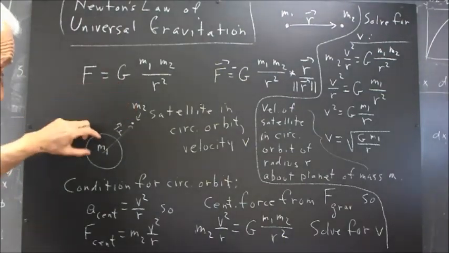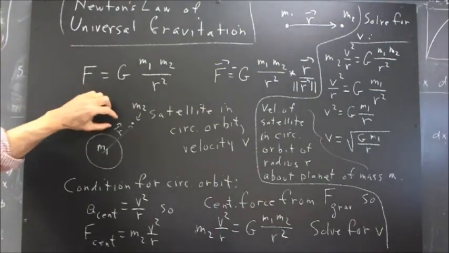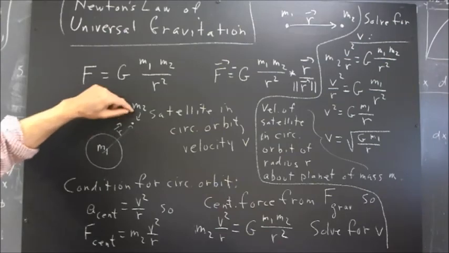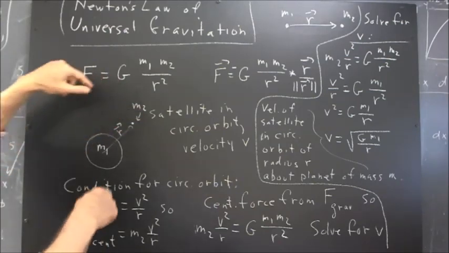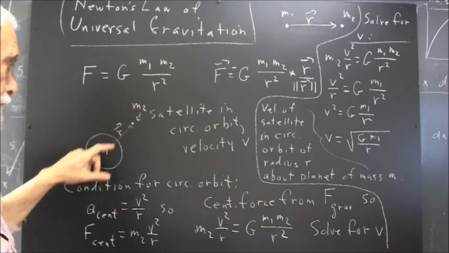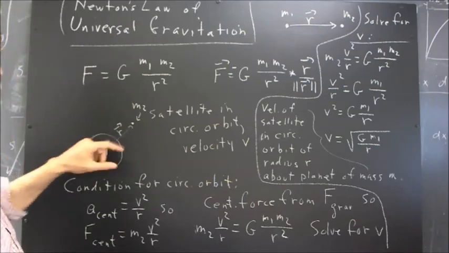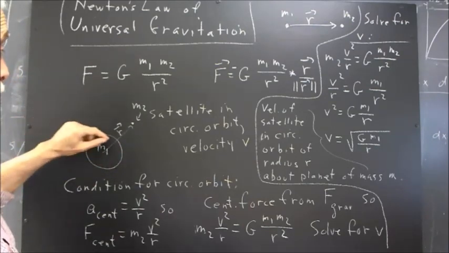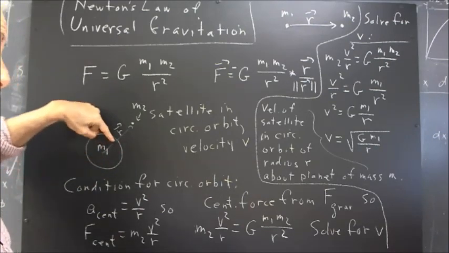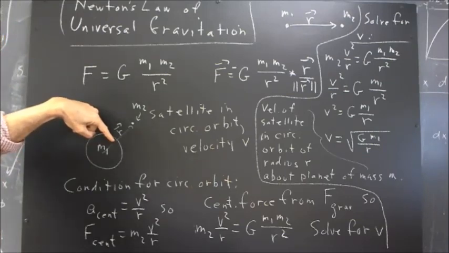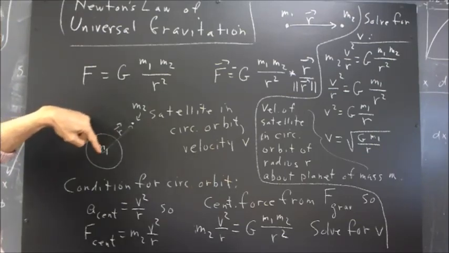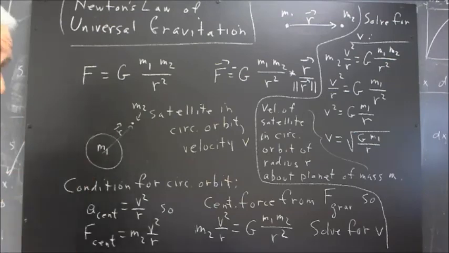So if this is the moon and the planet, your R would actually be the distance from the center of mass, and the moon and the planet would both orbit that center of mass. The moon with the Earth orbits about a point that's slightly inside the Earth's surface, but it's not the center of the Earth in this case.